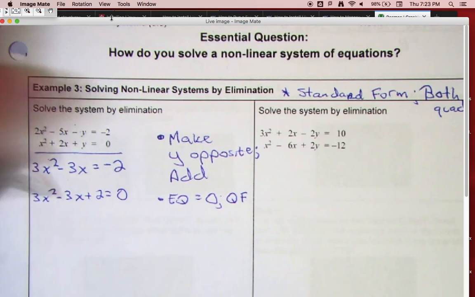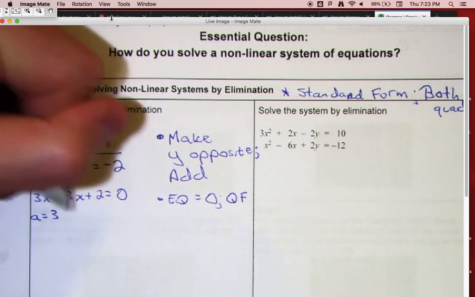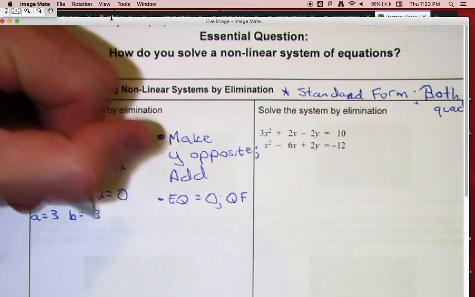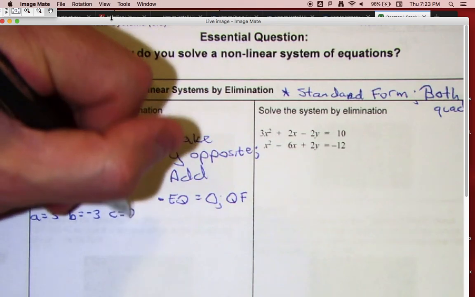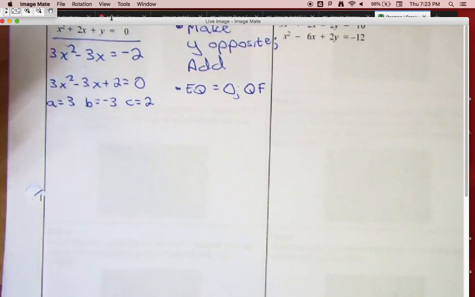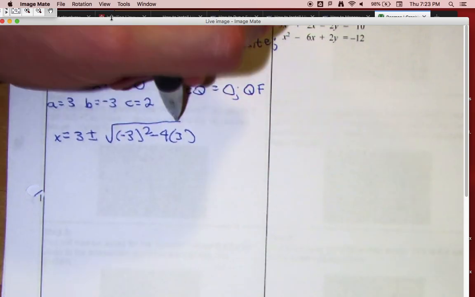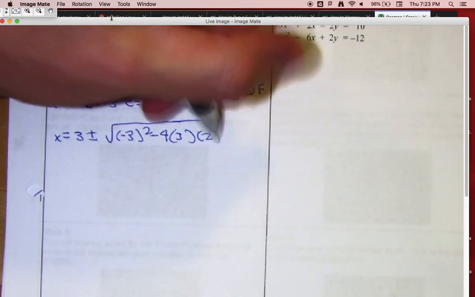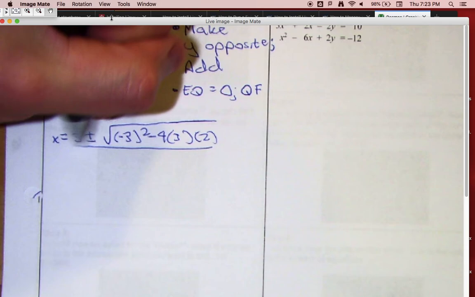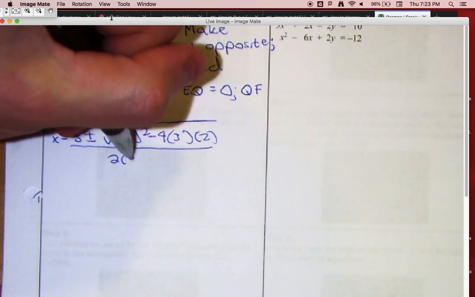And a equals 3, b equals -3, c equals 2. Quadratic formula. 3 times 2, a times c, all over 2 times 3.